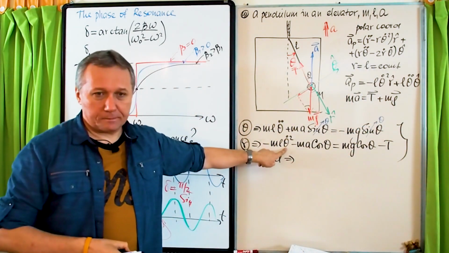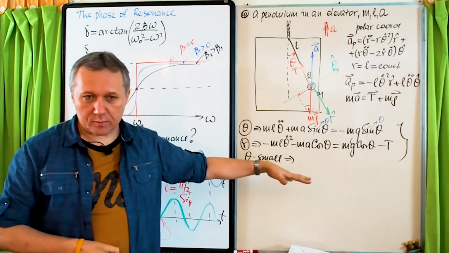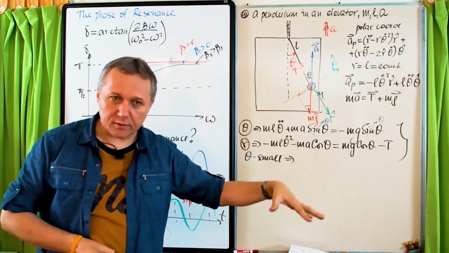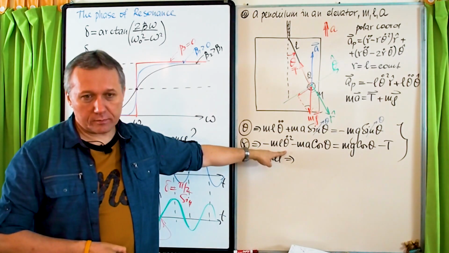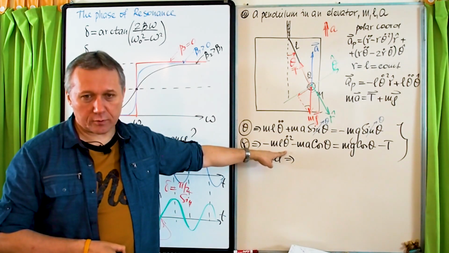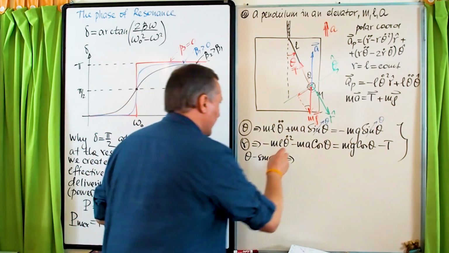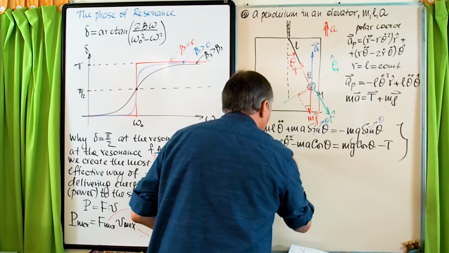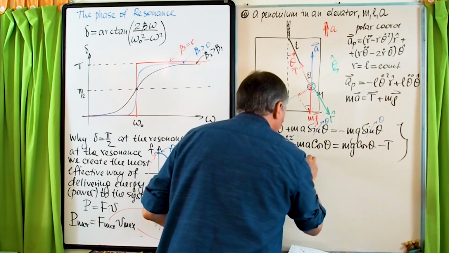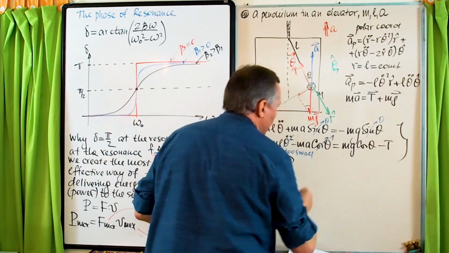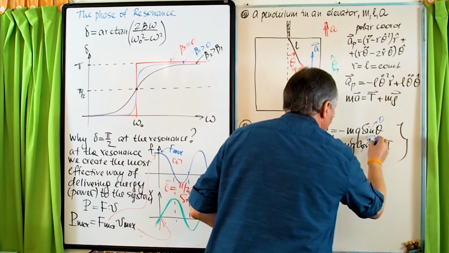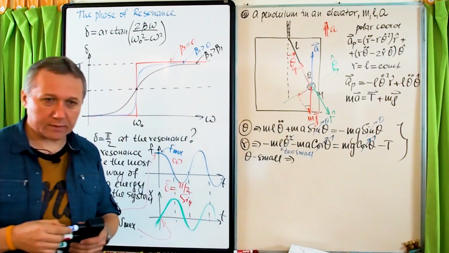Theta dot squared: if theta is small, then we assume that theta dot is small, theta double dot is small. So the squared term will be too small, so we can drop it. Cosine, of course, will be just 1. That's it. So now let's rewrite.